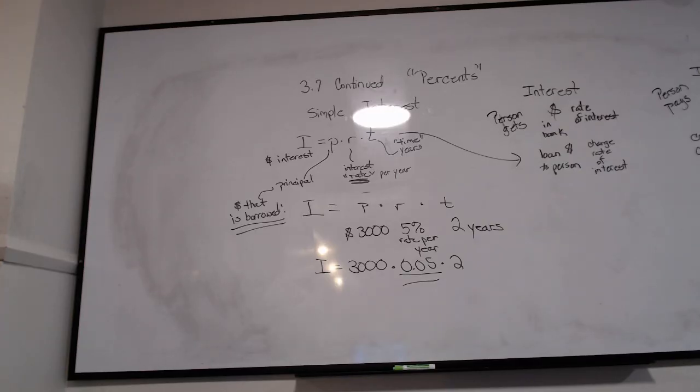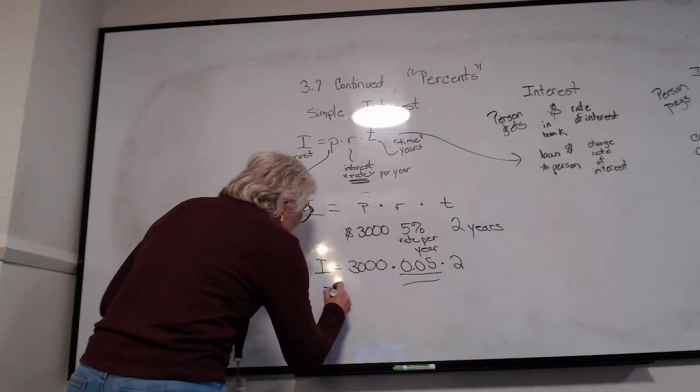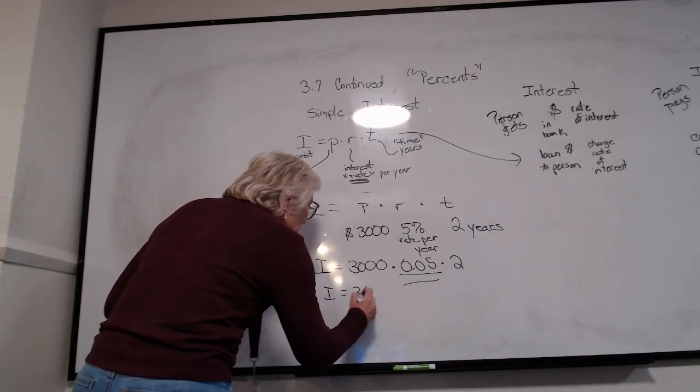Yes, when we're working with percents, we need to change them to decimals, okay? So we can actually figure out what interest I'd have to pay if I borrowed $3,000 for 2 years. And this is how much interest I'd have to pay, yes. It's $300, okay, yes it is. The interest would be $300.